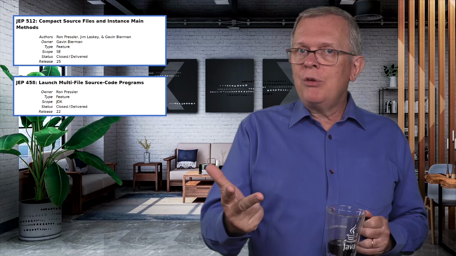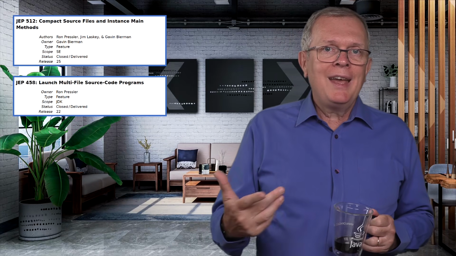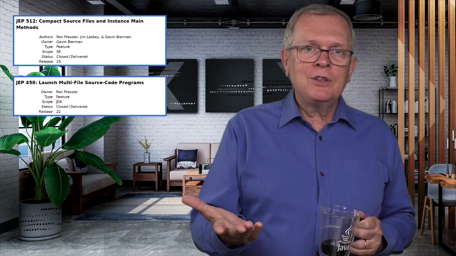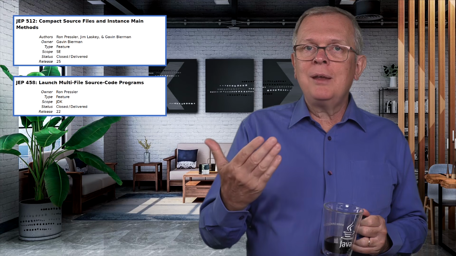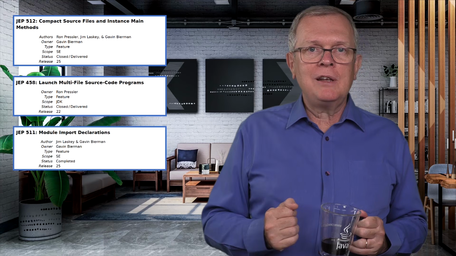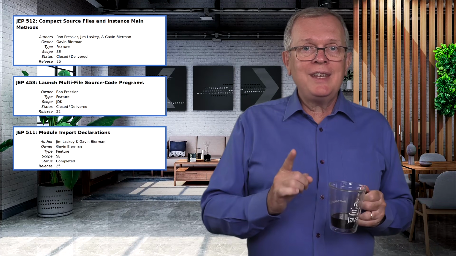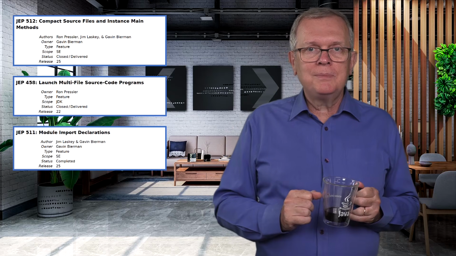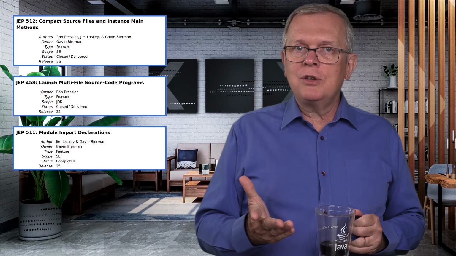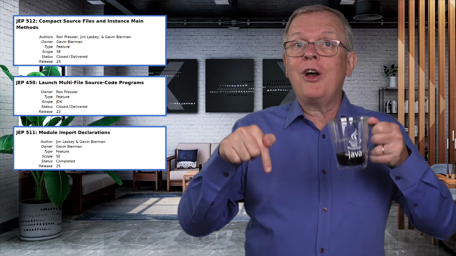This code can now refer to other Java code written in other files, and it can import other classes in the classical way, and also you can import modules directly. You can do that in any Java class, by the way, and you can do it even if your application is not itself a named module. If you need to learn more about these features, you can check the respective JEPs. As always, all the links are in the description.